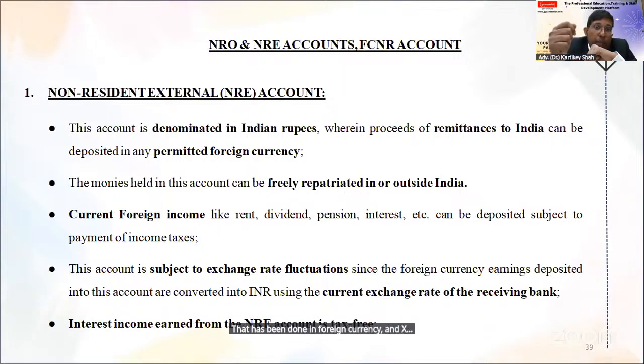And a non-resident ordinary resident cannot open an NRE account, right? So monies are freely repatriated in or outside India. So there is no restriction as far as repatriation in the NRE account is concerned.